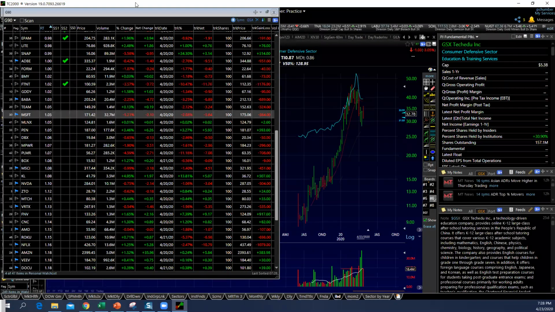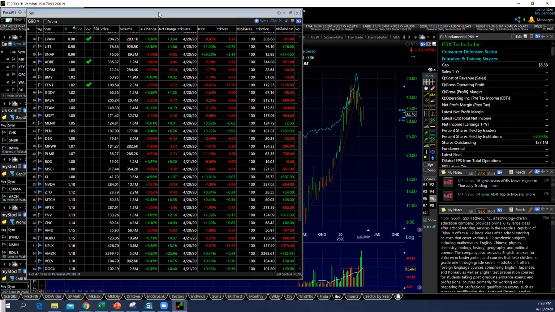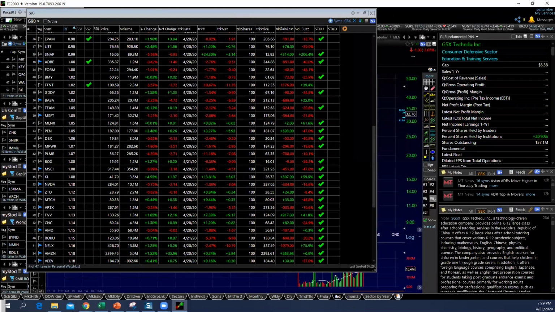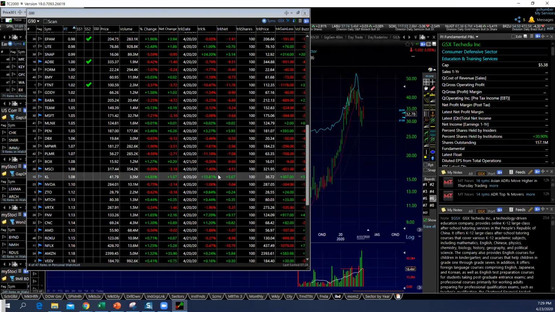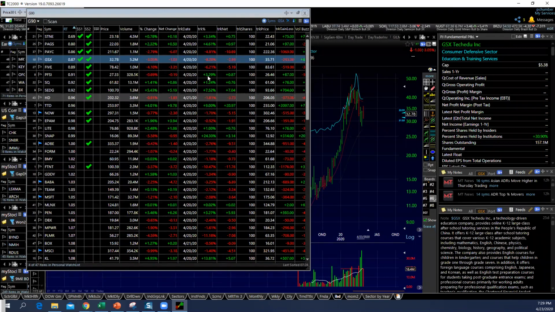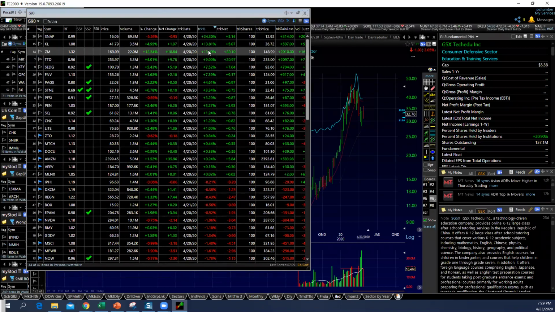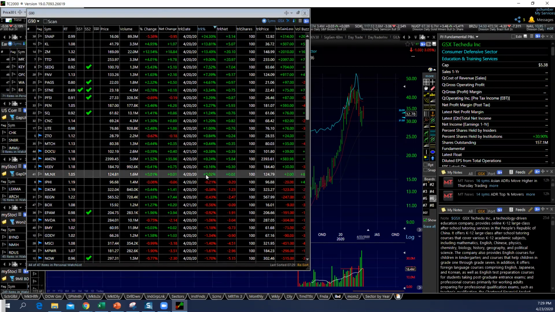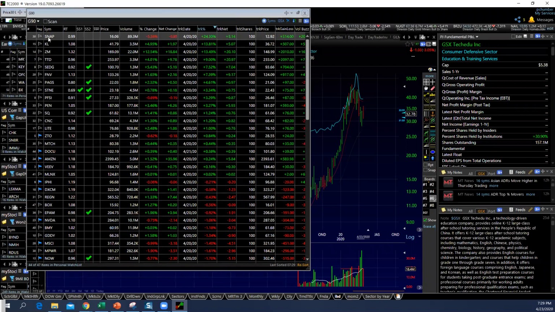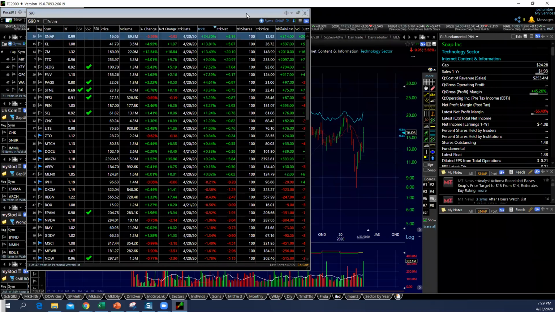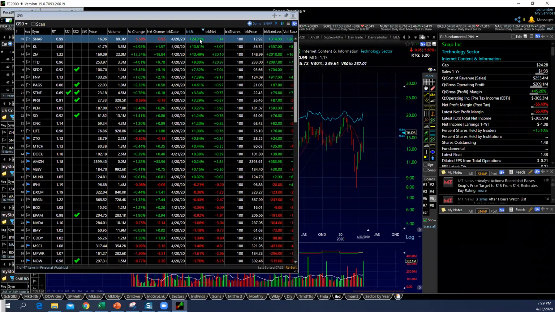Okay, so forget the chart, let's look at this. So now we can see that these are your stocks, right? The best performing stock is Snap, it's up 24%.